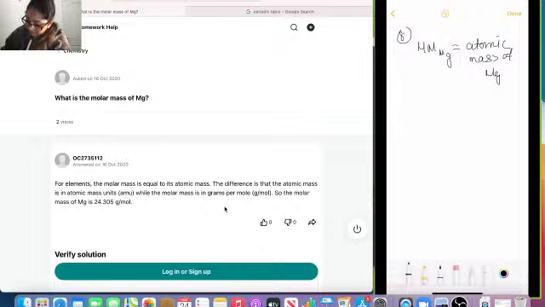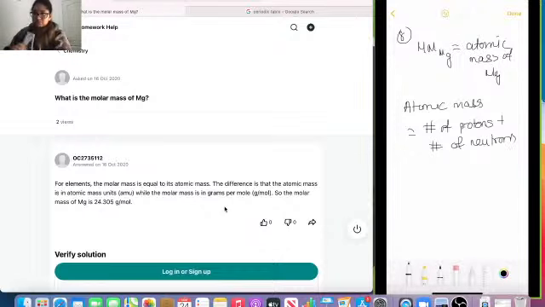And the atomic mass equals the number of protons plus the number of neutrons.